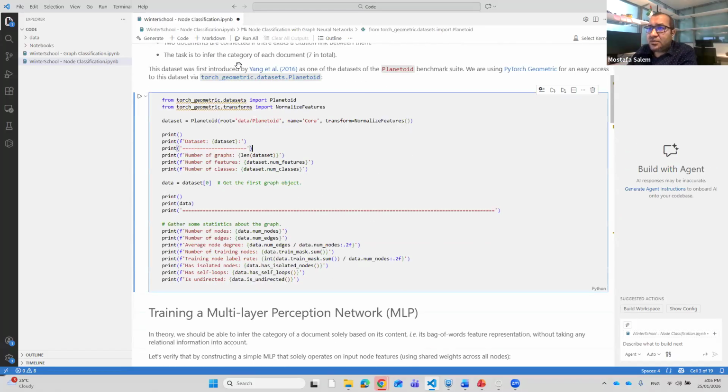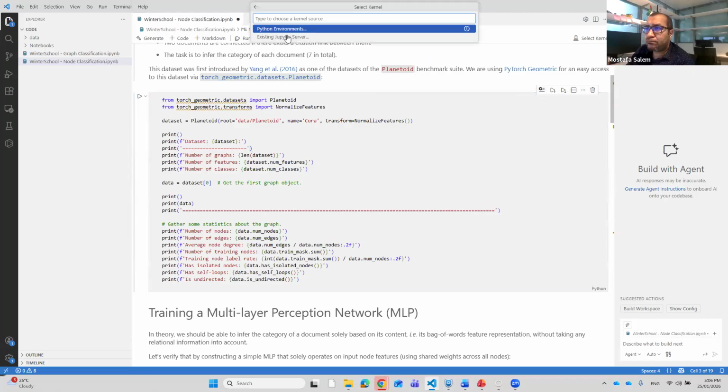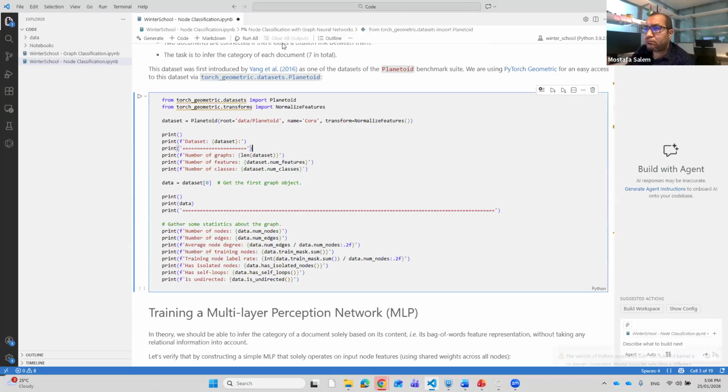I will run this code to download the dataset. After the session, I will share with you the code and how to install PyTorch Geometric and run the code on your machine in an easier way.